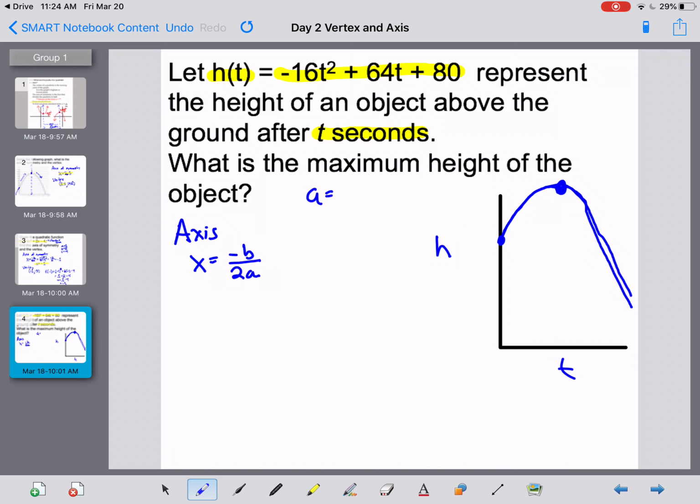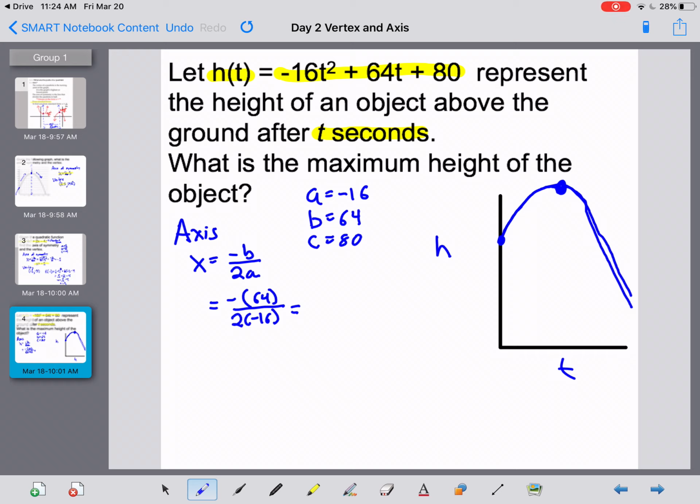In this quadratic function, my a is negative 16, my b value is 64, and c is 80. When I substitute in, I have negative parentheses 64 over 2 times negative 16.